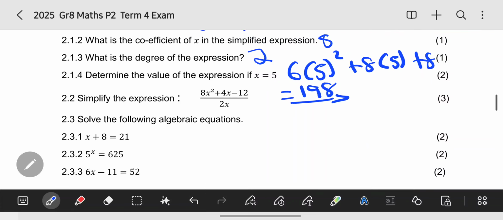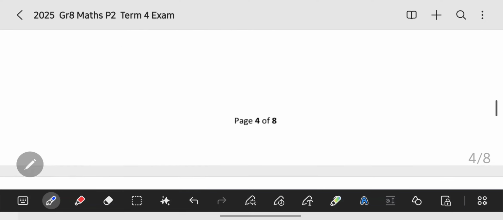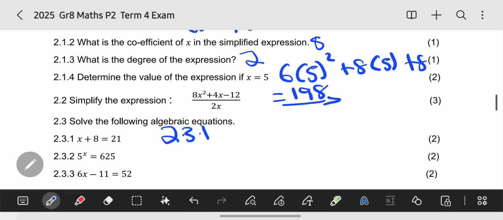Solve the following algebraic equations. Let's start with 2.3.1. It says x plus 8 equals 21.